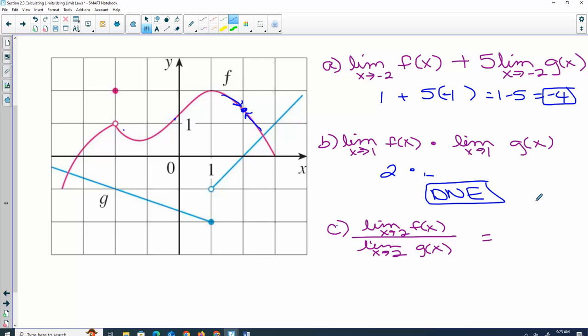No, 1.5, 1.4, maybe even. It's not exact, so something thereabouts. As you approach 2, what's function g? 0. Can we divide by 0? No, so what happens? Okay. So, in order for us to use those rules, both pieces have to exist, and we have to make sure we're not dividing by 0. But we can use our limit laws to calculate more complex expressions than we were doing previously. All right, any questions there?